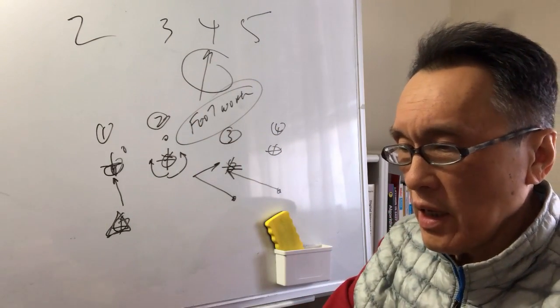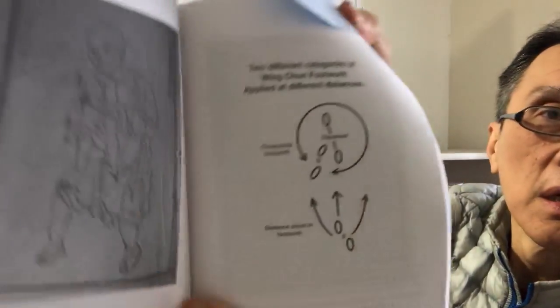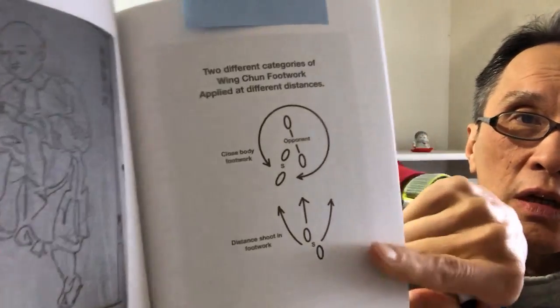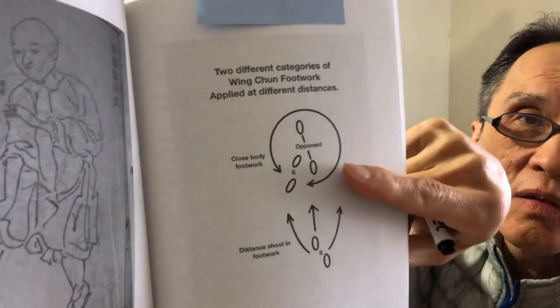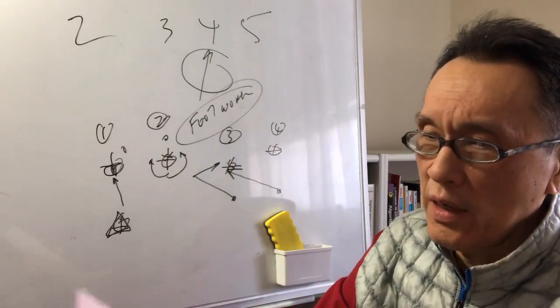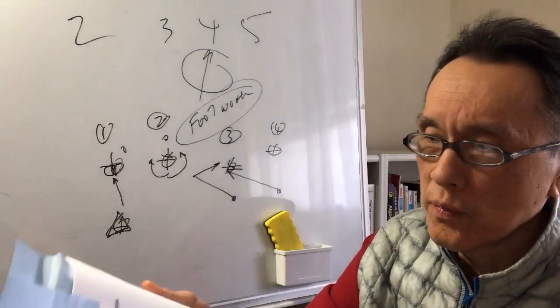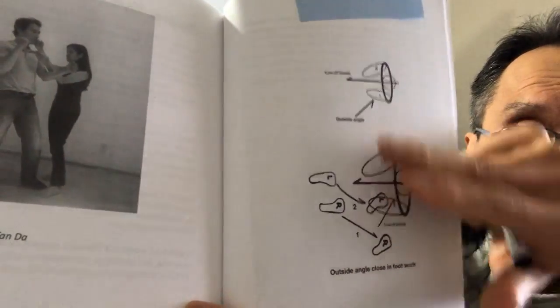So in the Wing Chun Matrix, this is the footwork for shoot in, and then how to get around, and then the footwork we play within the second type. And then in the beginning Wing Chun, it shares how to get in.